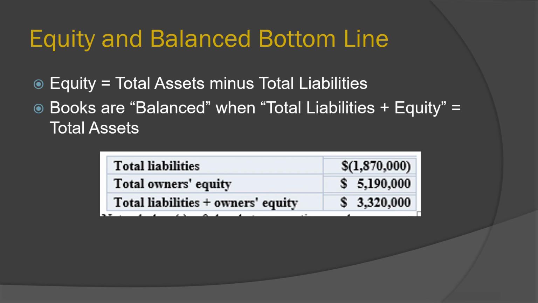So when we're looking at whether it's balanced, it's simply: do the total liabilities plus equity equal total assets? Assets should equal total liabilities plus equity. And in this case, the books are in fact balanced.